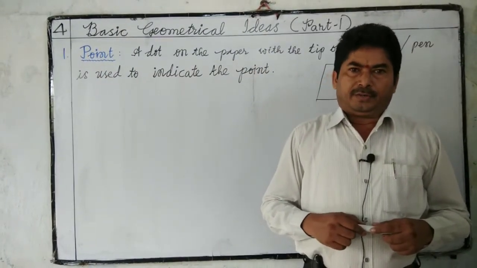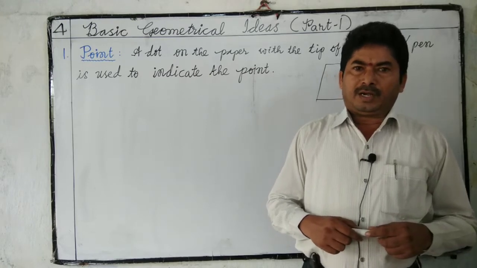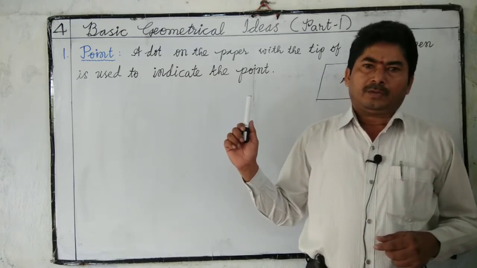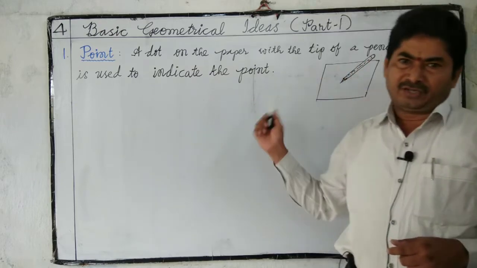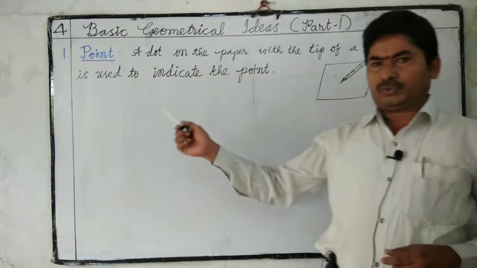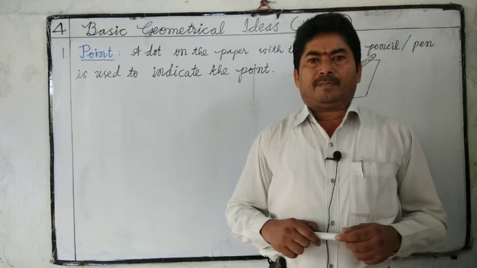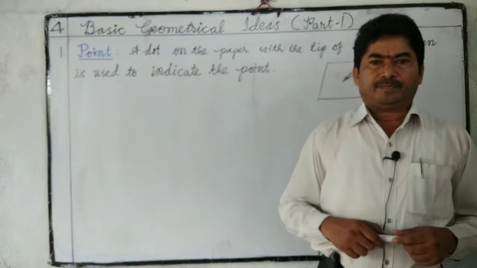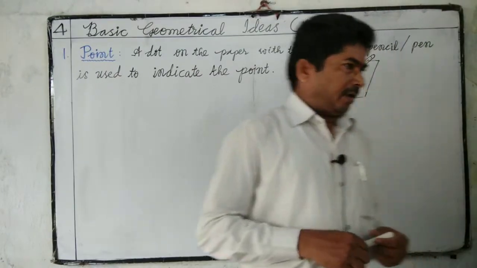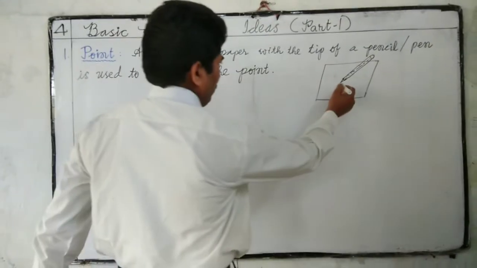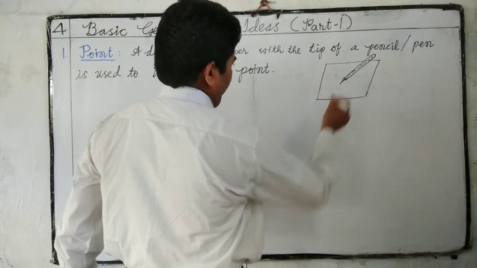What is a point? A dot on the paper with the tip of a pencil or pen is used to indicate the point. Example, this is a point.